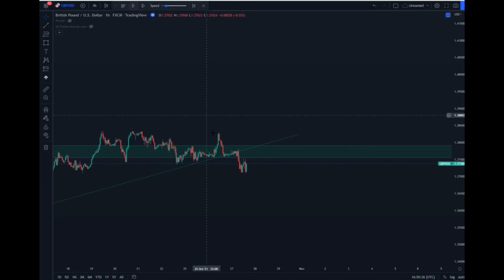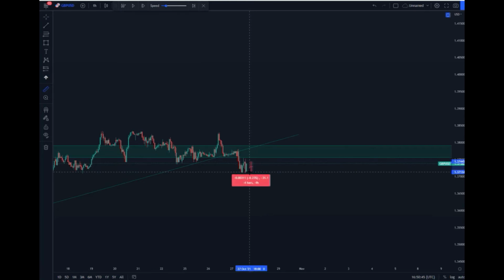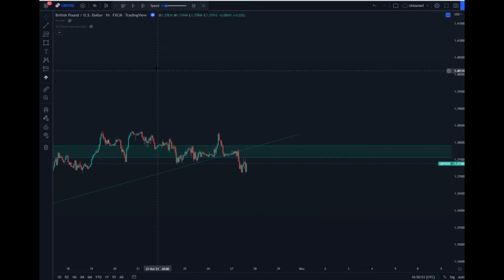Now this bearish engulfing is good along this area here, but I wouldn't personally take this because this is a huge candle. This is a candle of 31 pips. This is too big for me. I personally wouldn't take this, so let's just keep moving on.